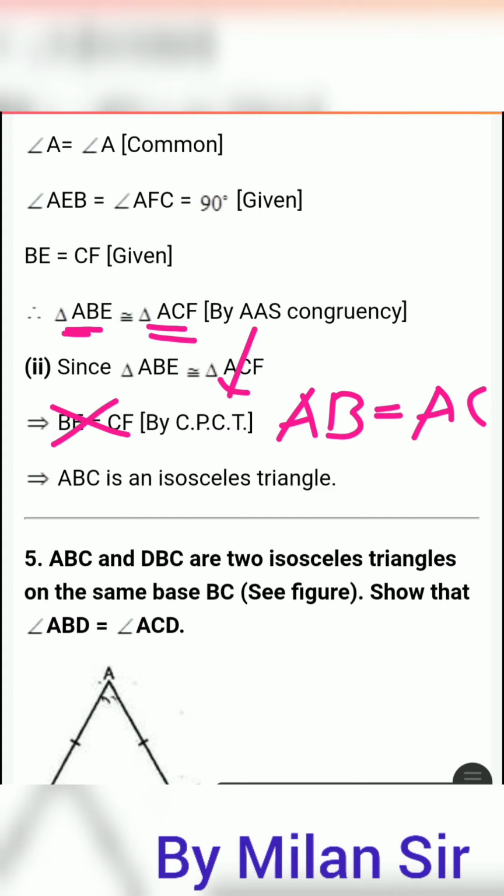Reason is CPCT. Now AB is equal to AC, that means two sides are the same, so we can say that ABC is an isosceles triangle.